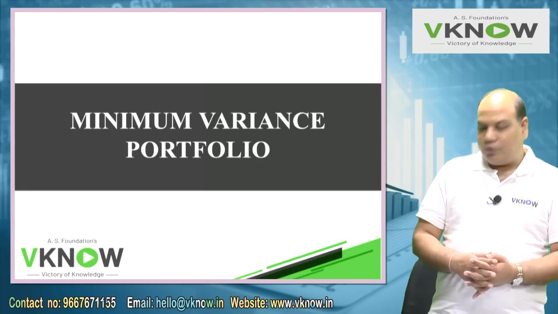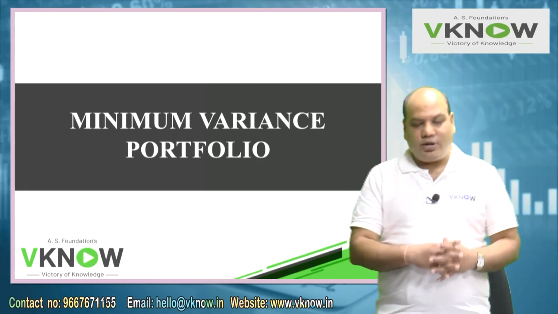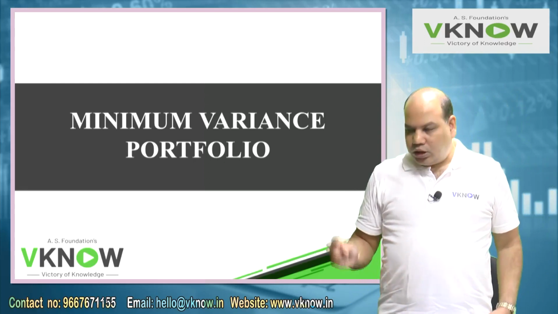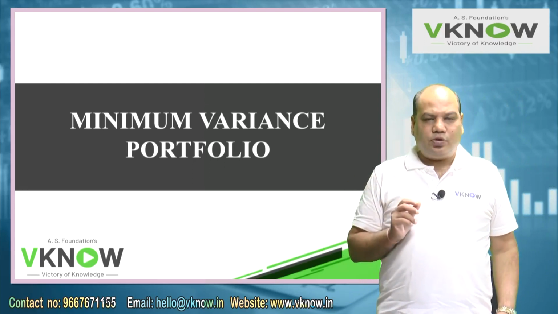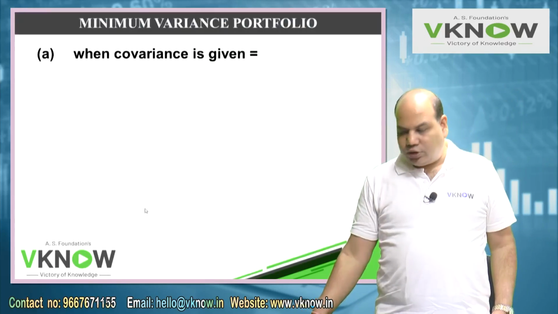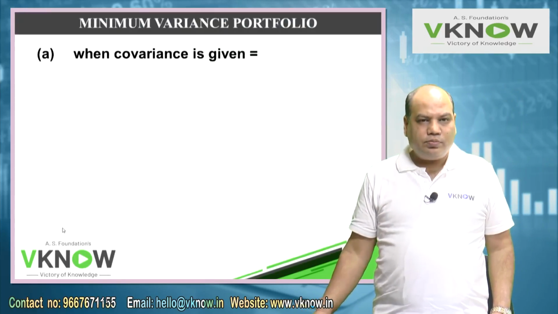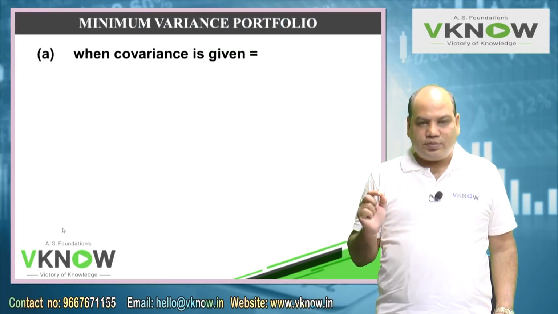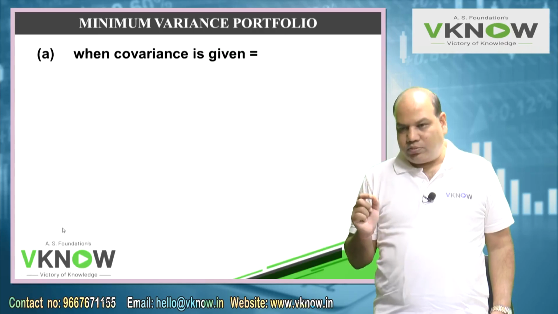Minimum variance portfolio. Paragraph 19. Minimum variance portfolio means if there are two stocks in a portfolio, how much should be the weight assigned to the two stocks so that the overall portfolio risk is minimum.